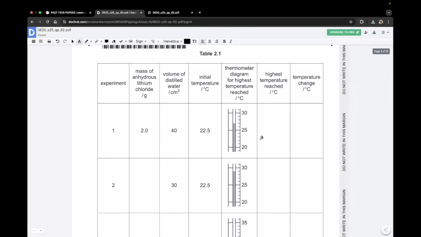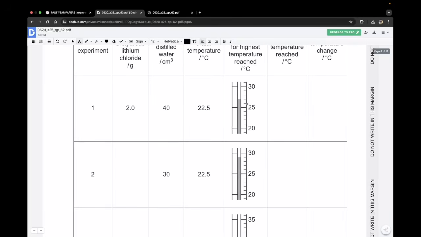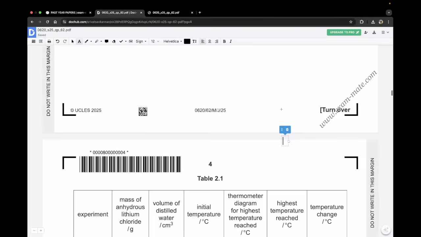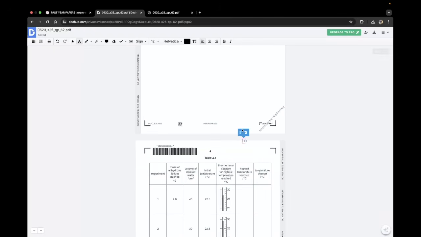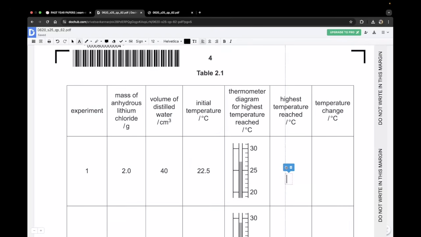All right, so this is quite a simple thing, right? They just want us to record the highest temperature that is reached for each of these and the temperature change as well. So let's go one by one. This is 25, we got 26, 27. It looks like they're going with 1 decimal place for each of these, so let's go ahead with that system.